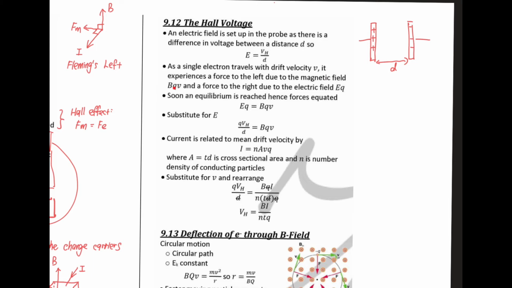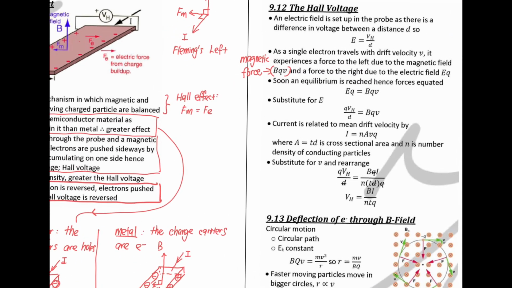So the magnetic force is BQV, experienced by the electrons. And a force to the right due to the electric field. Okay, let's see the diagram again.